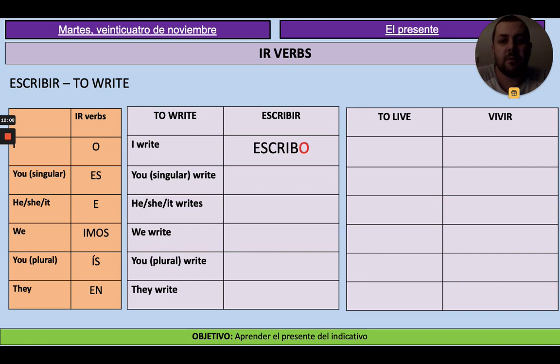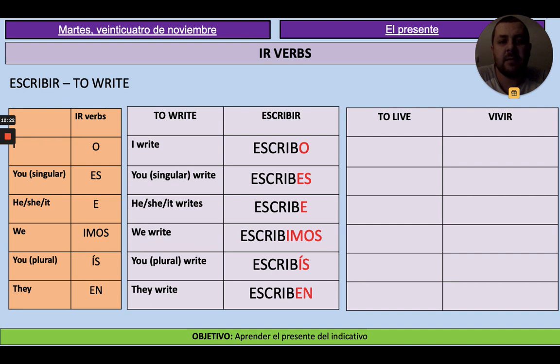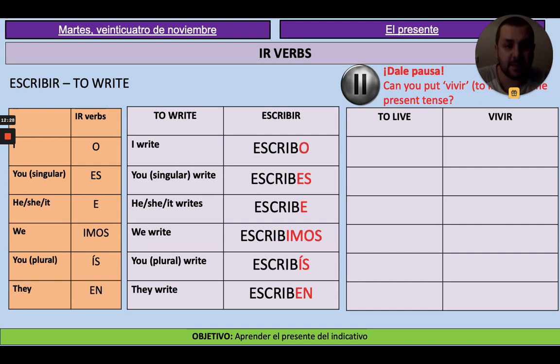You singular write, escribes. He, she, or it writes, escribe. We write, escribimos. You plural write, escribís. They write, escriben. So now pause the video and see if you can put vivir, which means to live, into the present tense.